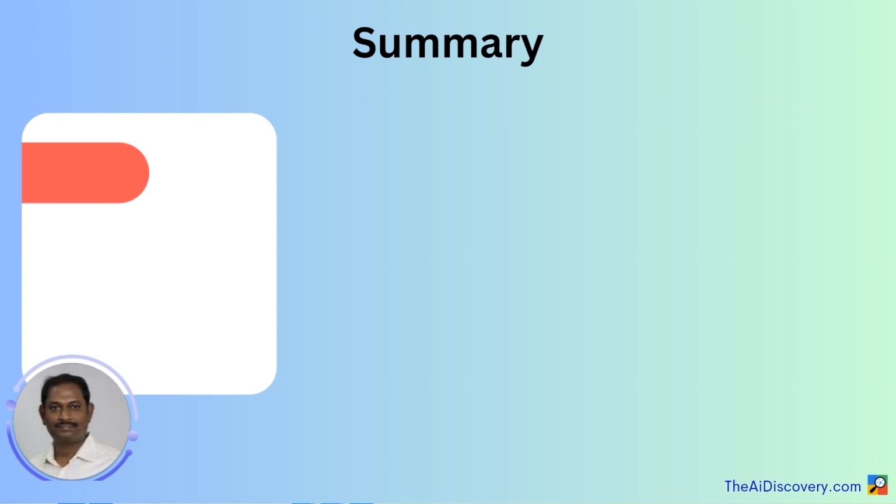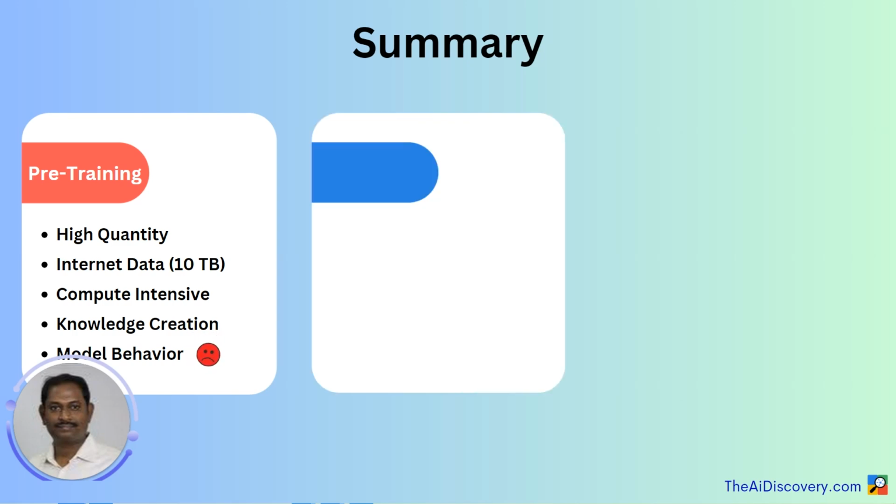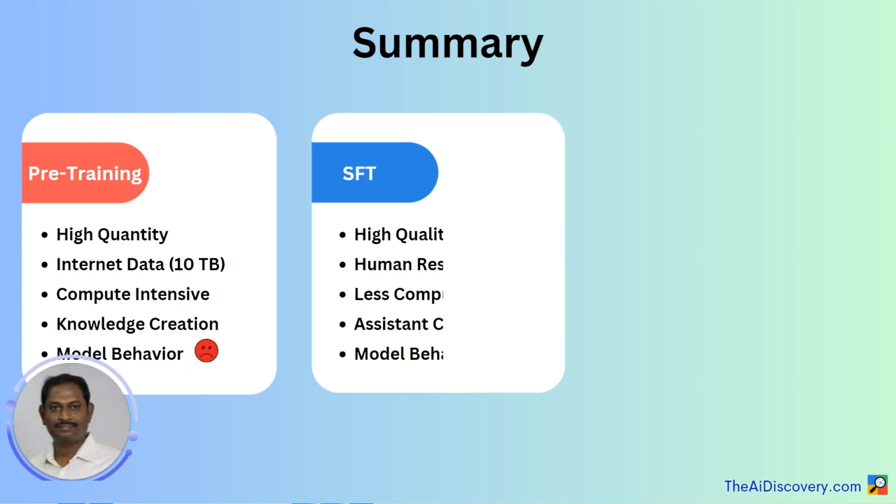Okay, to summarize the training, there are three stages. The first one is pre-training, where quantity is given precedence over quality, and the main objective is to make the model understand the language and the knowledge, but the behavior is not acceptable. So we get into fine-tuning this model for chat interaction, which is supervised fine-tuning.